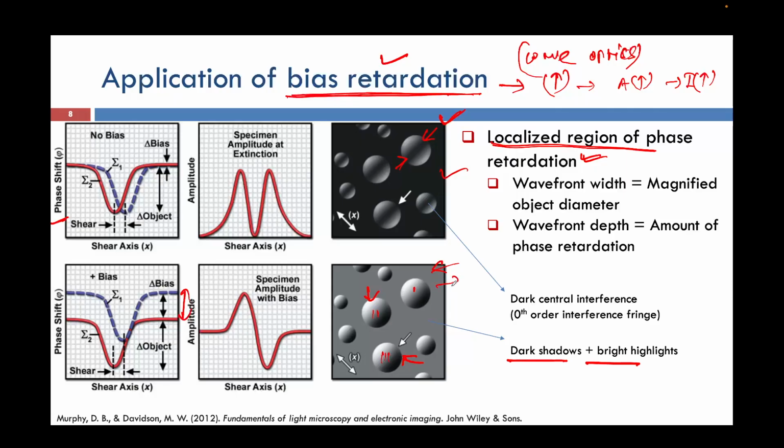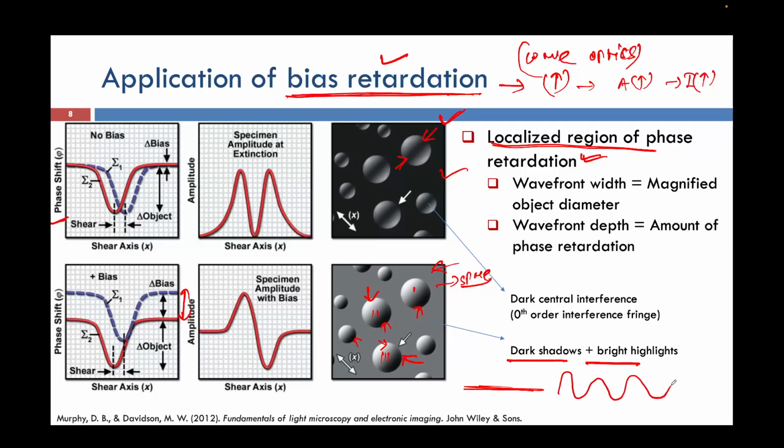Let's say I'm considering this as a vacant space, so these particles are floating in vacant space. That is why I told you in the first slide that DIC microscopy will give you a relief-like or shadow-like appearance. These are very minute particles. It might give the appearance that it has some topological difference, meaning it is not a perfectly flat surface, rather it has peaks and valleys.